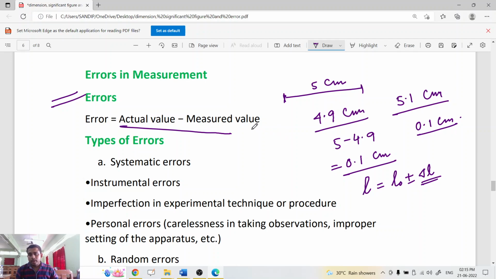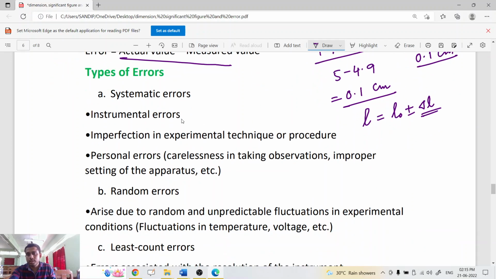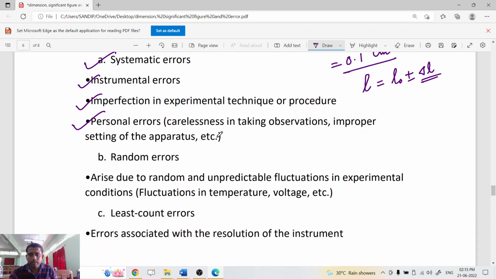Now here you see different types of error, like systematic error, that is instrumental error, imperfection in experimental technique or procedure, and personal errors like carelessness in taking observation, improper setting of the apparatus also, and random errors that occur due to fluctuations in temperature, voltage, atmospheric pressure sometimes.